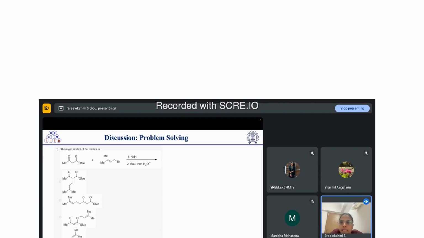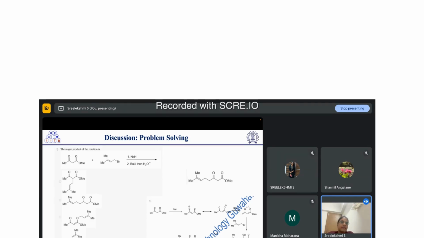So this kind of reaction we have already discussed in the week 1 and week 2 tutorial sessions. What is happening here is that first NaH will create this particular enolate, because the proton is acidic, and that enolate will be resonance stabilized, over this ester or over this ketone.